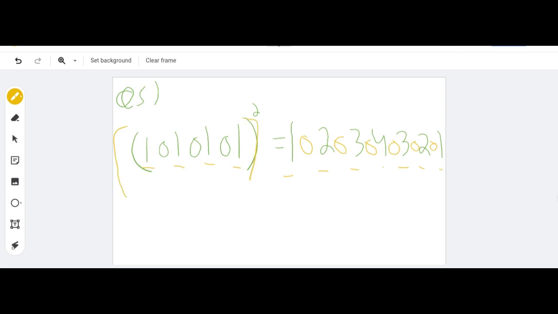Can you, in a minute, give me the answer by multiplying these two? You have to multiply 1, 0, 1, 0, 1, 0, 10, 10, 10, 10, 10 with each other.